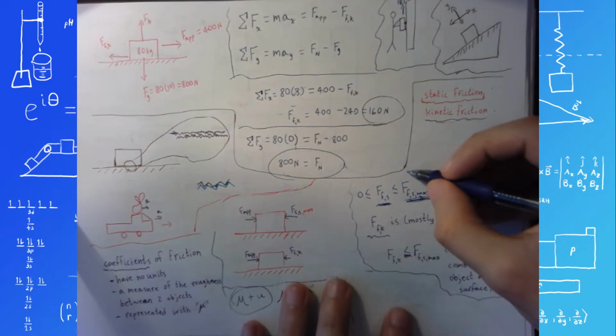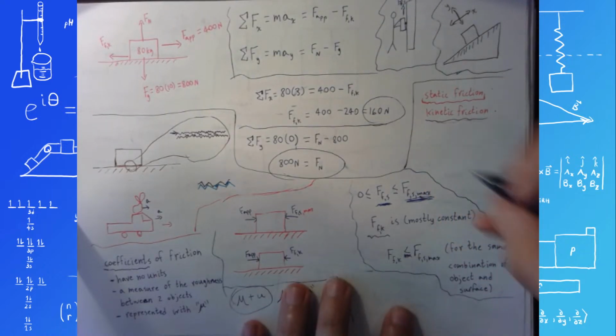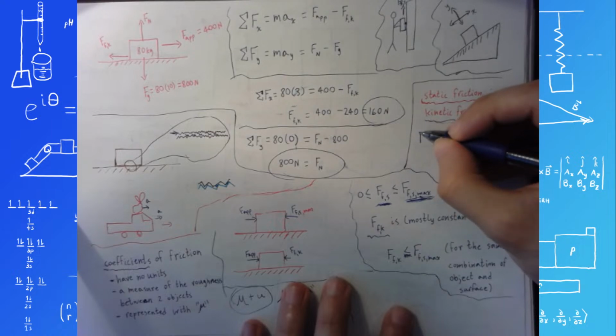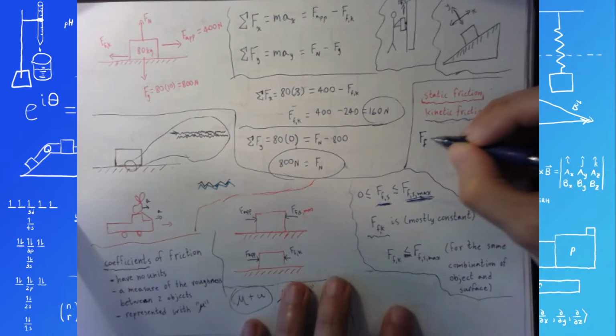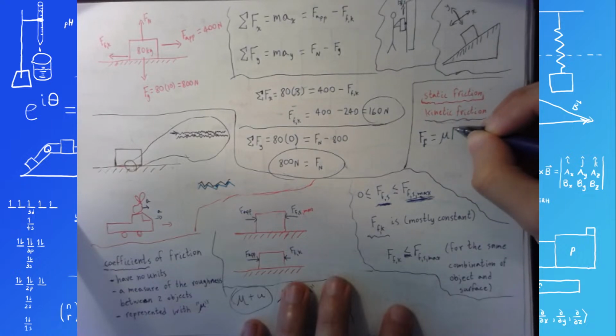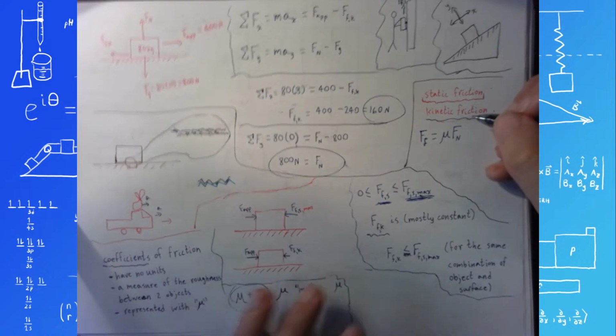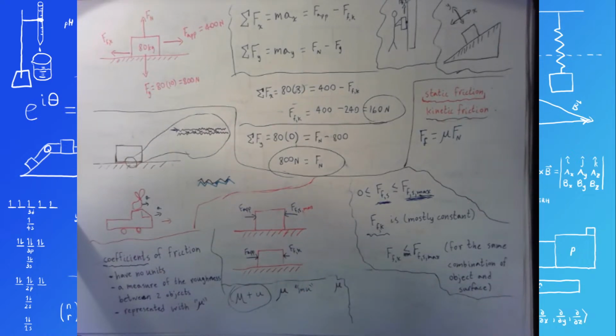So at the end of the day, the force of friction, whether static or kinetic, is equal to the coefficient of friction times the normal force. The more strongly two things are pressed against one another, the greater the friction between them.